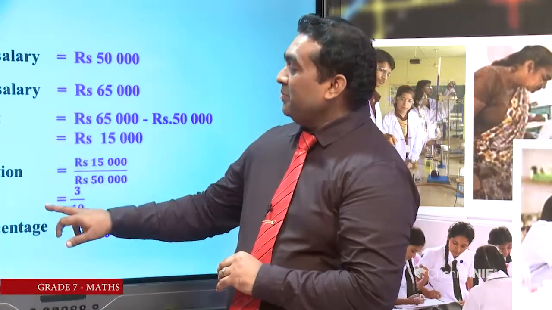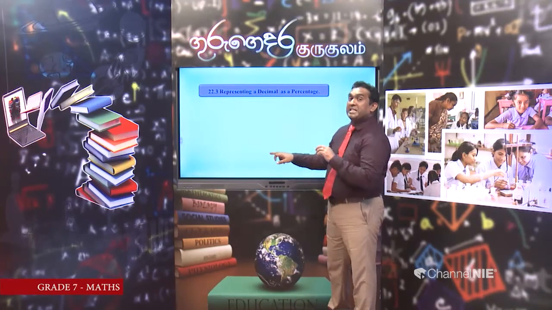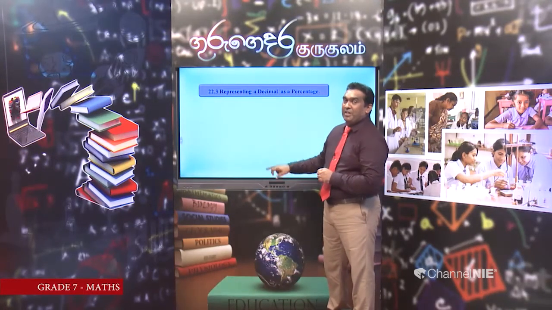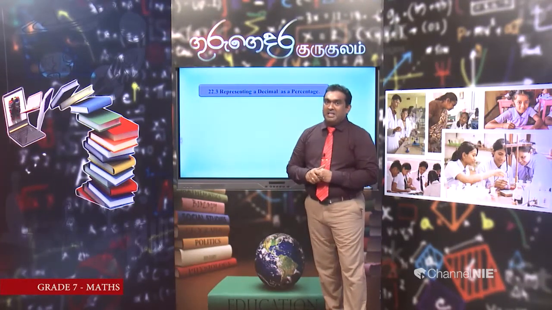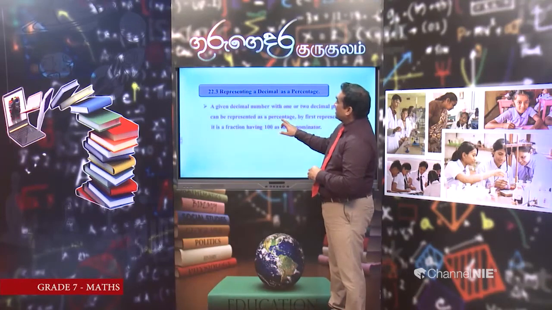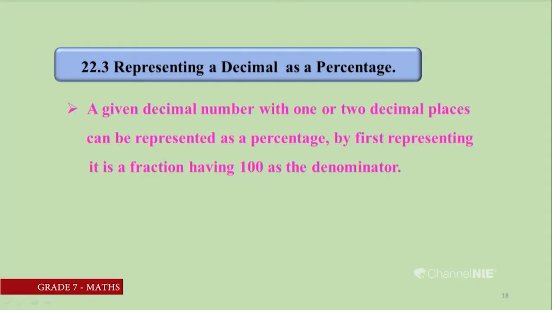Now, representing a decimal as a percentage. We know numbers with the decimal point are decimal numbers. A given decimal number with 1 or 2 decimal places can be represented as a percentage by first representing it as a fraction having 100 as the denominator.